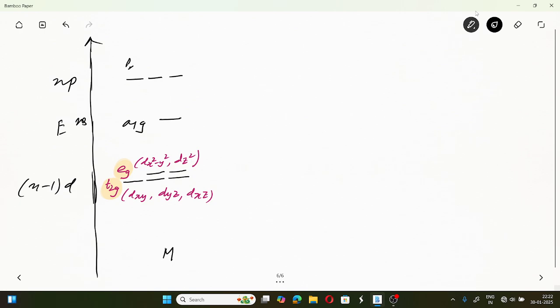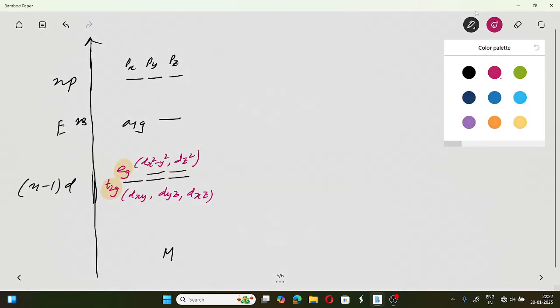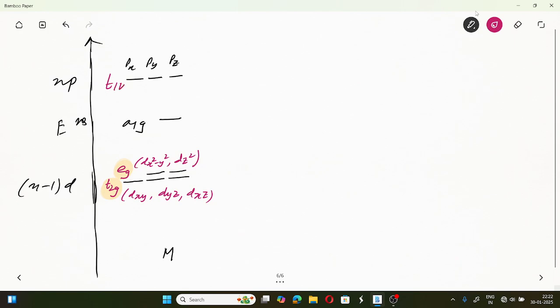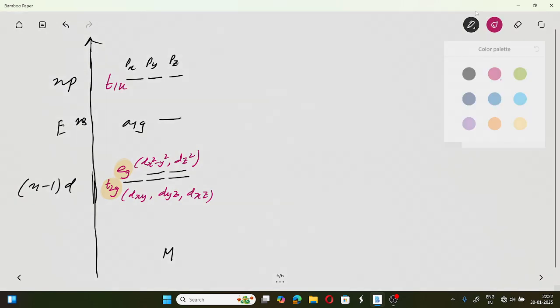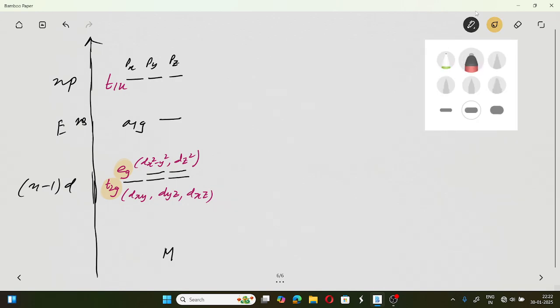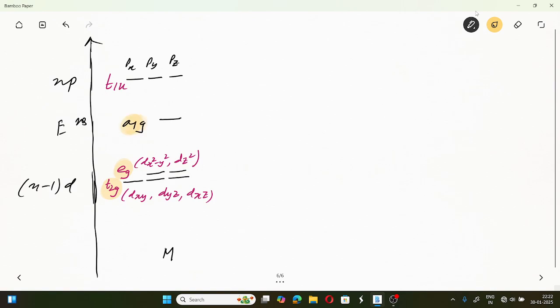So these are the three degenerate PX, PY, PZ orbitals, which transform to what? T1U. So for this metal, we know that these orbitals actually transform to 4 symmetry groups.